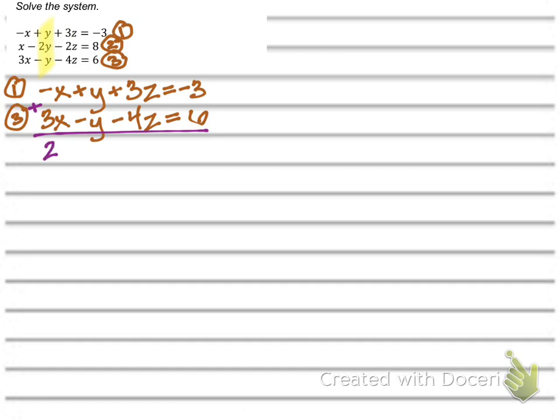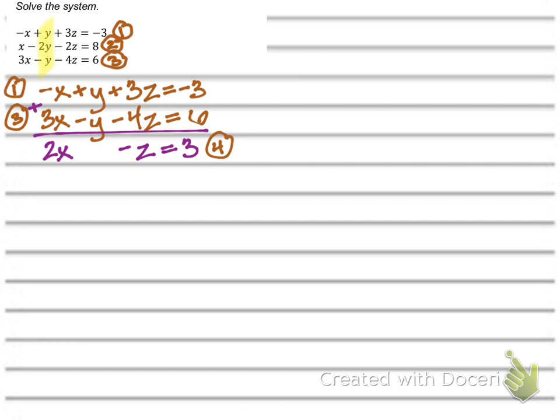And I'm going to get 2x minus z is 3. This is equation 4. I picked 2 of the equations to use to get rid of y, and that's my result. Okay? Now I'm going to pick 2 different equations to get rid of y.